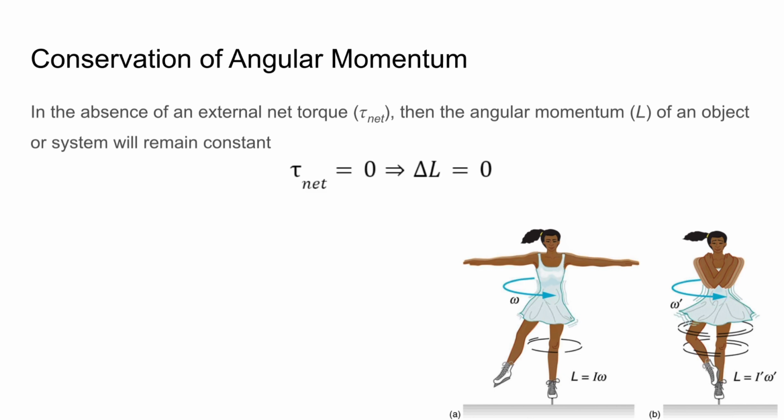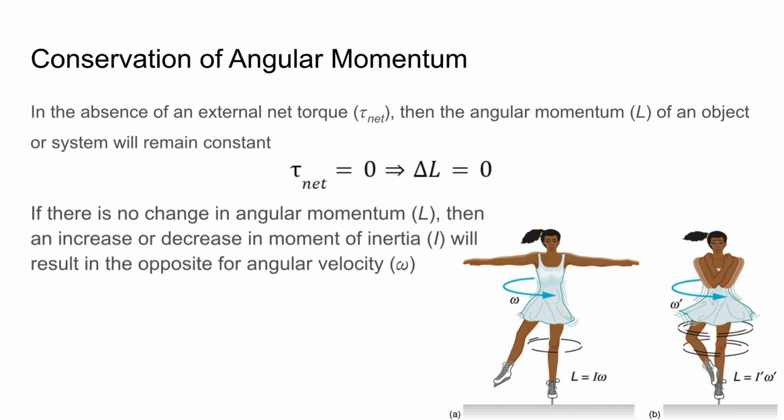And if our net torque equals zero, then given that we have to have some net torque acting over time to change our angular momentum, our change in angular momentum, or our angular impulse, should also be zero. So if there's no change in angular momentum, then an increase or decrease in moment of inertia will result in the opposite for angular velocity.